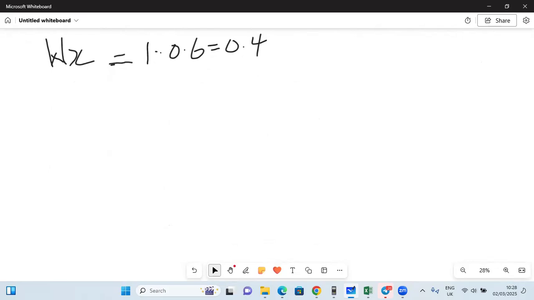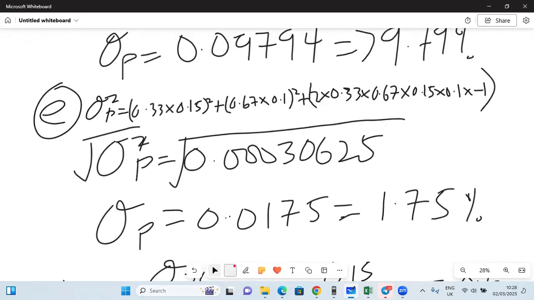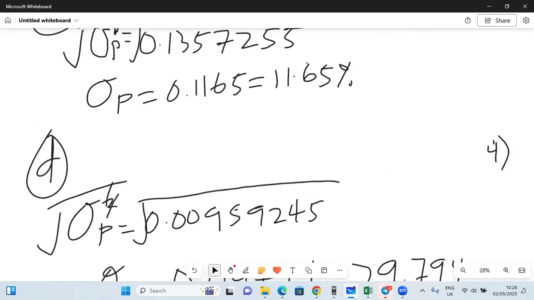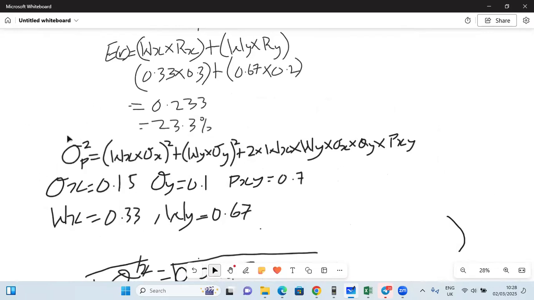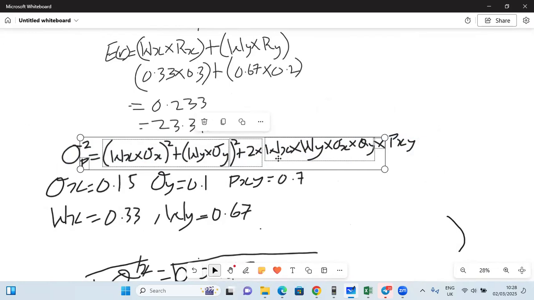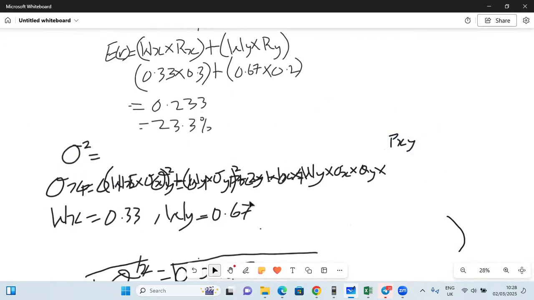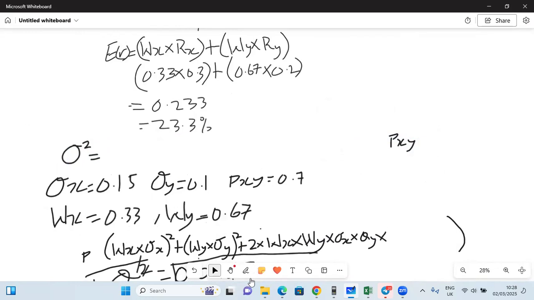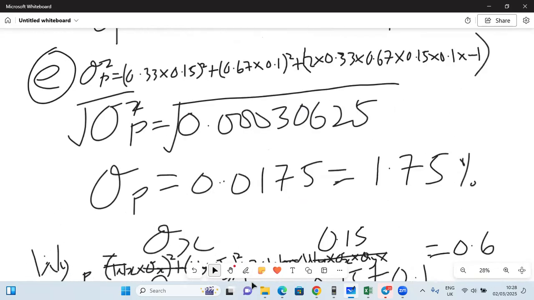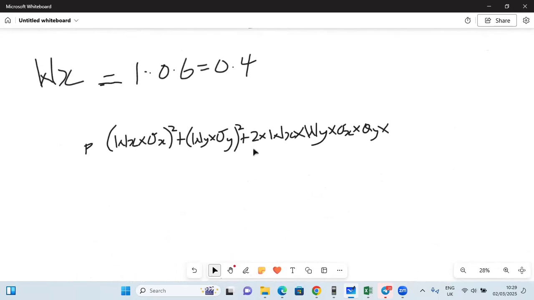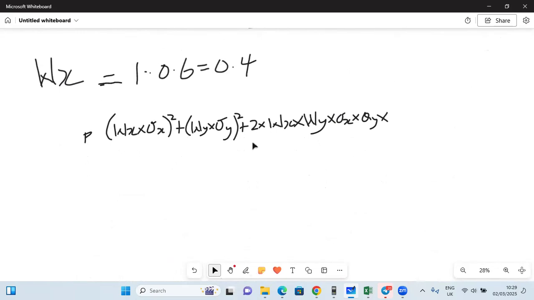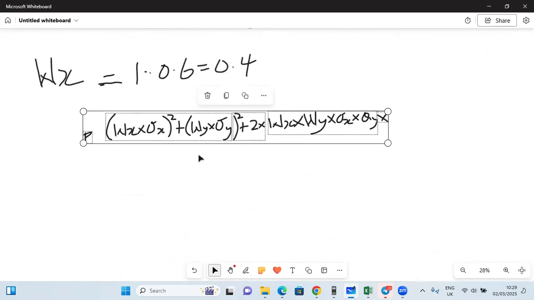So let me see whether I can bring the formula down here. This is our old formula.